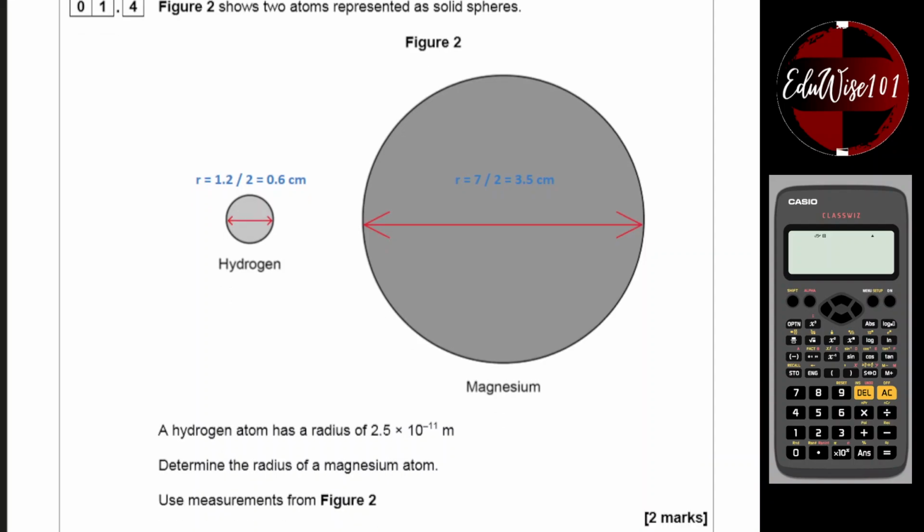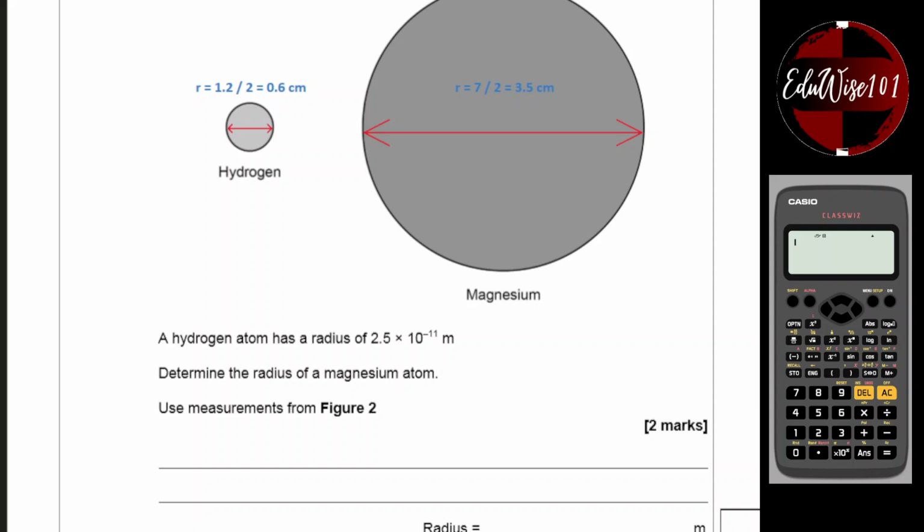Now to find the ratio, I would divide 3.5 centimeters by 0.6.